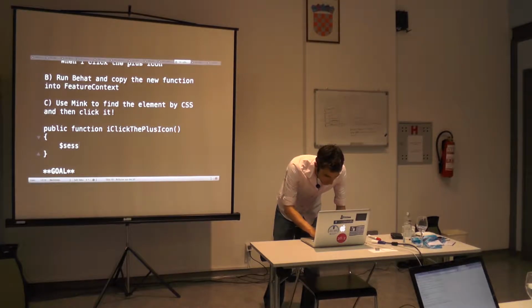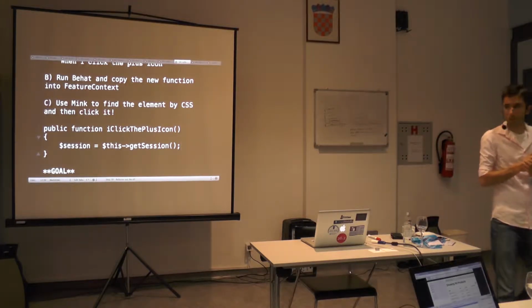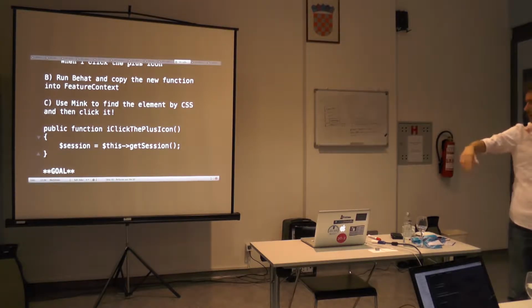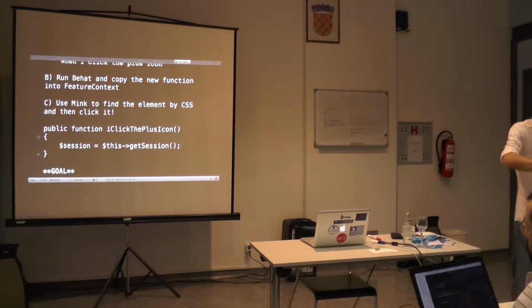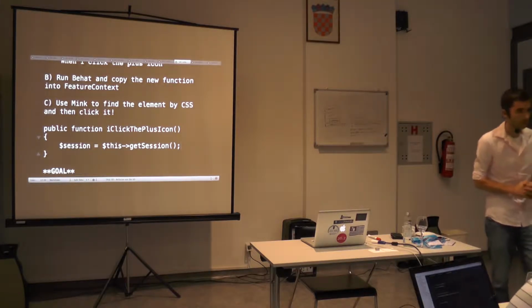And in fact, we can do that. That was easy. This is basically because we're extending the Mink context. The Mink context has a getSession method in it. So when we run Behat, it's instantiating Mink for us, and then giving us access to the Mink session in case we need it.